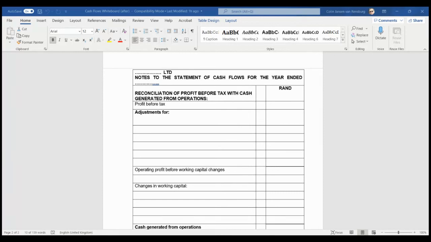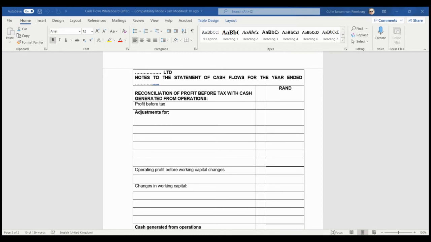Okay, ladies and gentlemen, so the two categories that we've got to go and adjust for or eliminate are any income items or expense items that do not relate to operations. Which are they? Which are they potentially, ladies and gentlemen? Again, good time to make a few notes. I've said that a few times today.